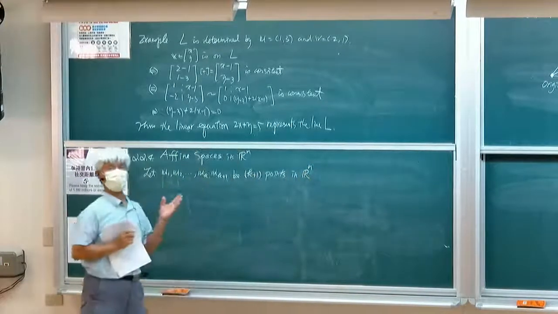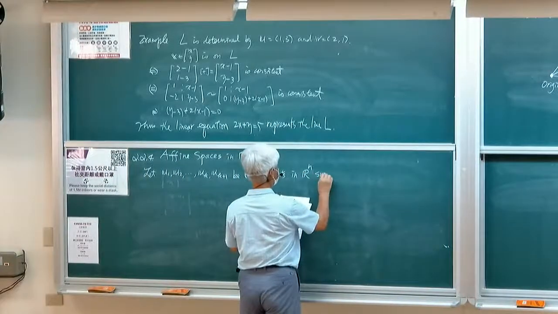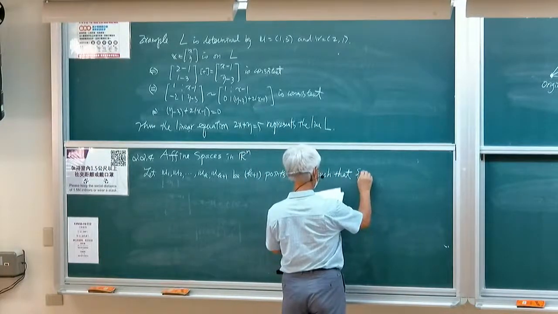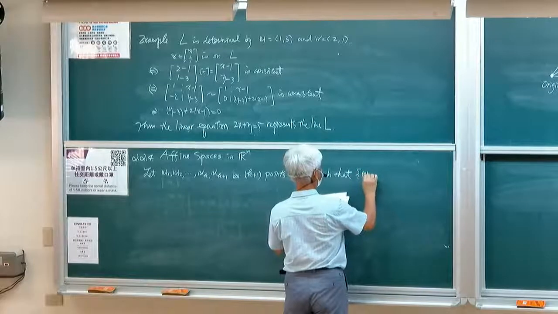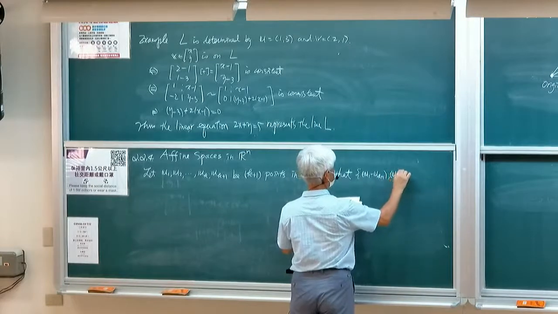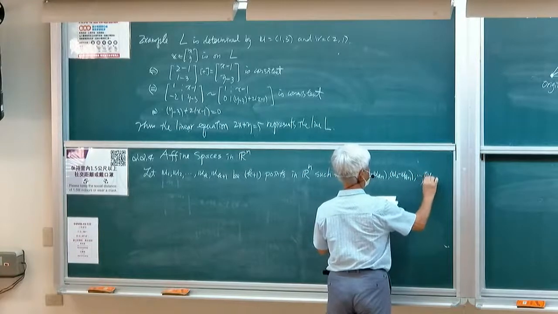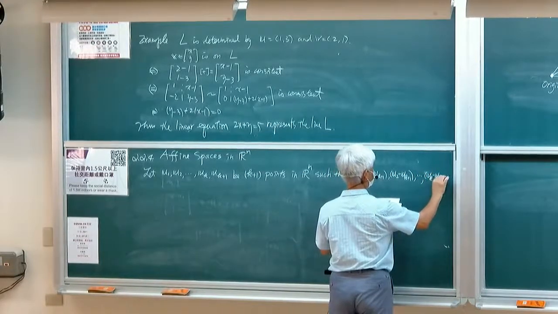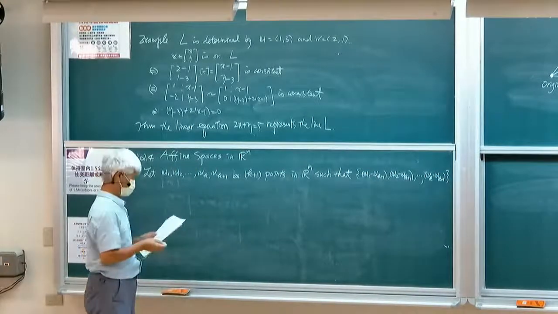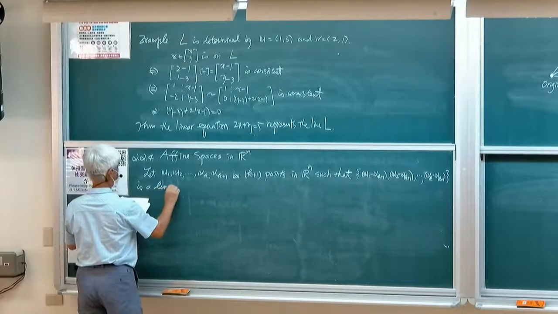So suppose we have k plus 1 points in Rn such that the set u1 minus uk plus 1, u2 minus uk plus 1, up to uk minus uk plus 1, a set of k vectors, is a linearly independent set.